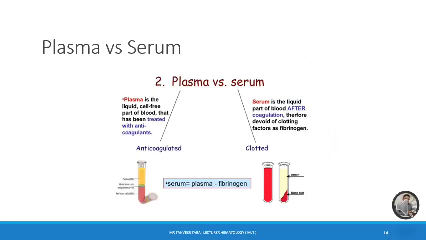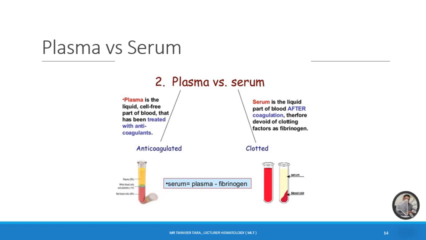Earlier, we discussed that blood is composed of two different parts, cellular elements and a liquid form, and that liquid form is known as plasma. But in the laboratory, whenever we are discussing plasma or serum, they have their specific definitions. What is serum?